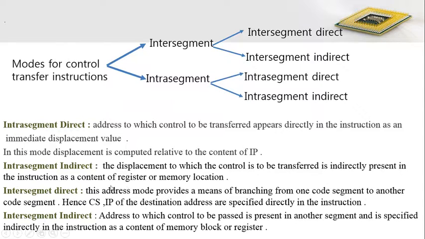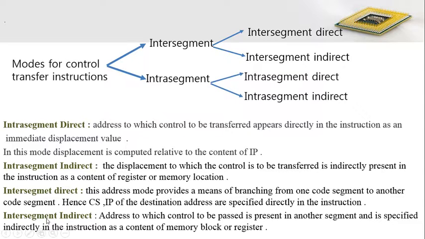So inside the instruction we need to specify the code segment address of the new instruction, as well as the displacement offset value in that code segment where the instruction is present. So in case of inter-segment direct mode, inside the instruction we need to specify both the code segment address as well as the displacement value for the instruction pointer, in a direct way, that is as an immediate value in the instruction.